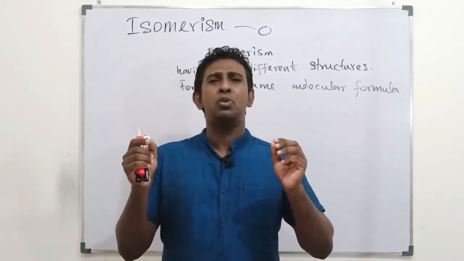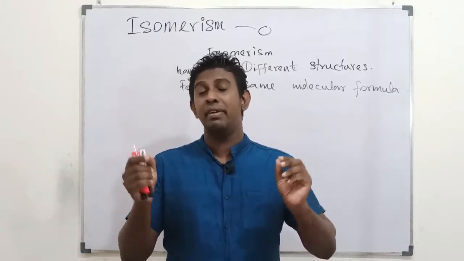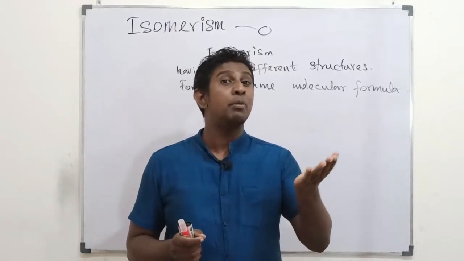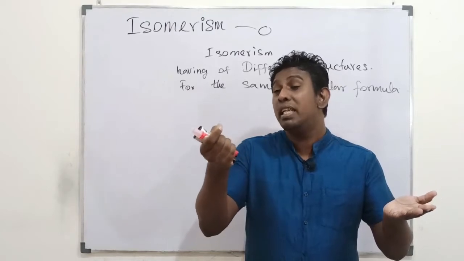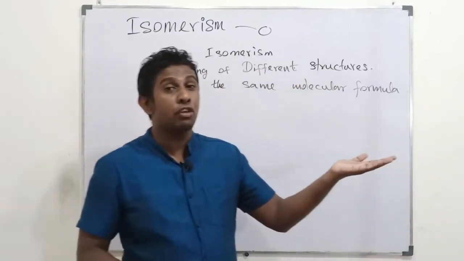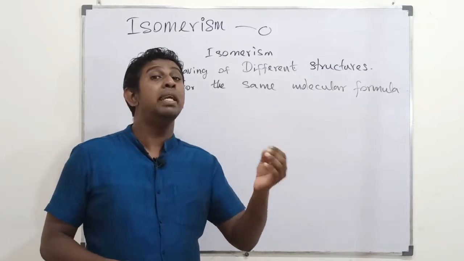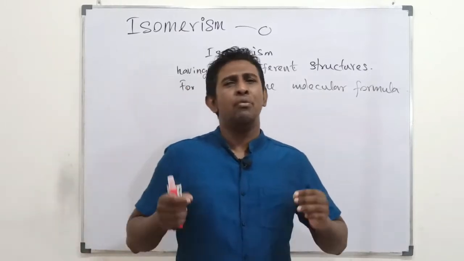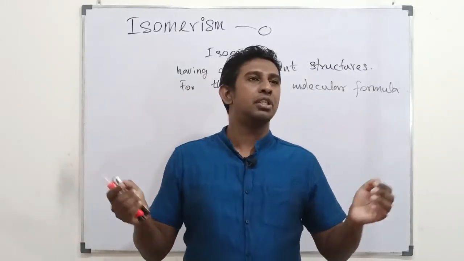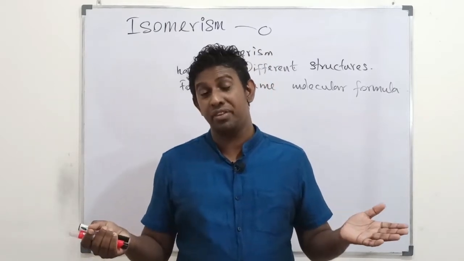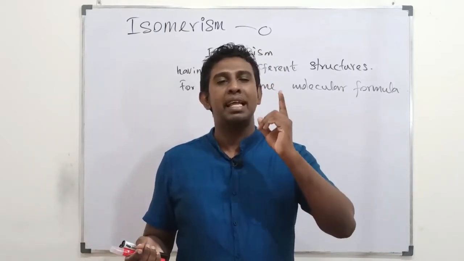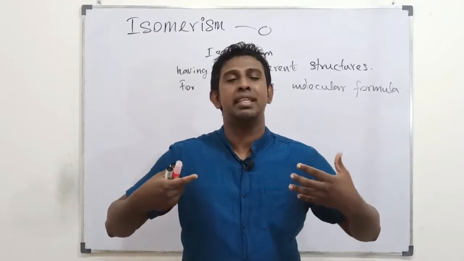So we need to be well aware of all the possibilities that this molecular formula could be. Only then could we overcome such problematic situations. That's the point of learning this.